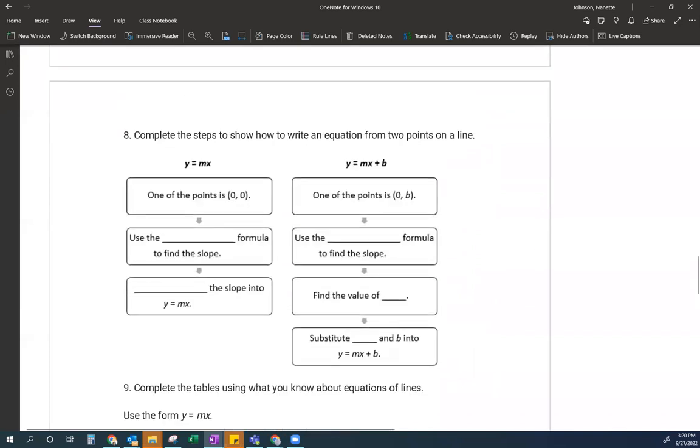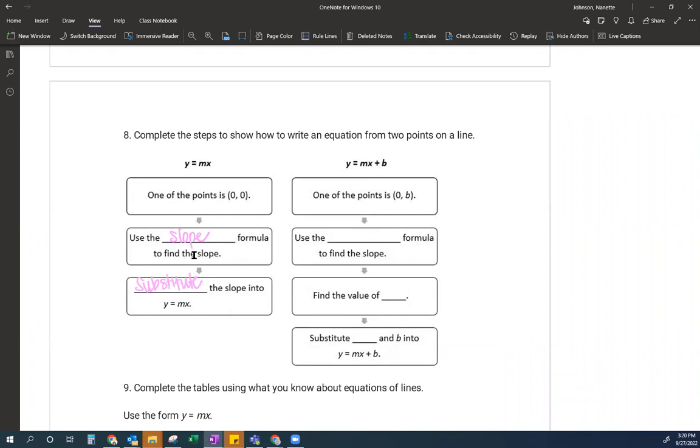Okay, number 8, it says, complete the steps to show how to find the equation. One of the points is 0, 0. Use the slope formula to find the slope. And then you'd substitute that slope that you just found into your equation.